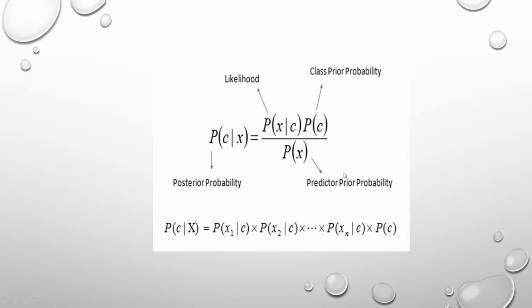integrate to 1. Let's say we are trying to predict if an email is spam or not. When we use the naive Bayes classifier, maybe it predicts that the email is spam with probability 0.80, and not spam 0.20.